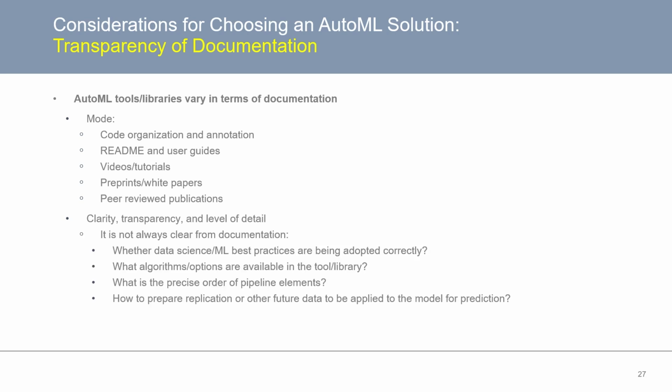For example, it's not always clear from the documentation whether data science and machine learning best practices are being adopted correctly, what specific algorithms or options are available in the tool or library, what the precise order of pipeline elements are, and how one would prepare replication or future data to be applied to the model for future prediction. These considerations are important not only for ease of use, but also scientific rigor, reproducibility, and the ability of researchers to accurately report the applied methodology.